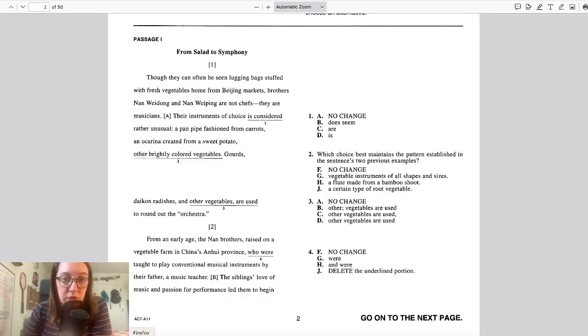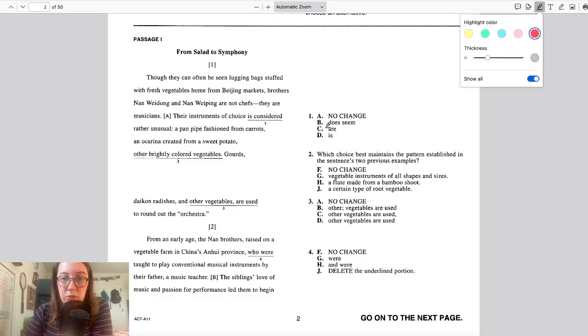Instruments is the subject here, and it is plural, so we need to pair that with a verb that is responsive to the plural noun. So instruments are considered. In this case, we can just say C, are. So we'll go with C on this one.